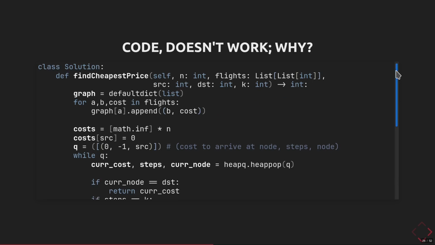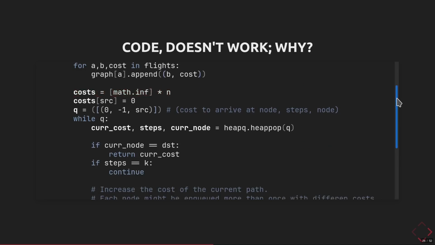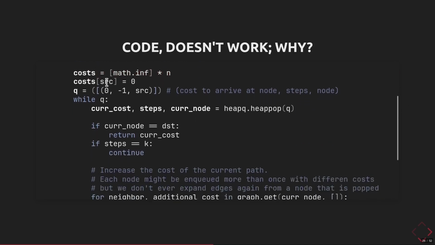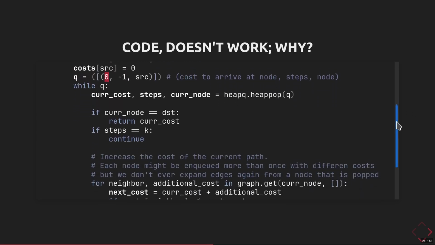Moving on, I have a table of costs. This should look very familiar to the template for Dijkstra's that I've given. I initialize the cost at 0, and here's that tuple. Here's where I start. The cost is 0. Remember, with the priority queue, I'm going to be using cost to figure out which thing in the queue I should look at first. And remember, Dijkstra is a greedy algorithm.